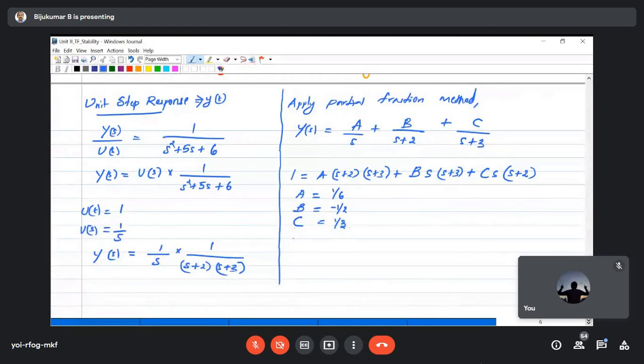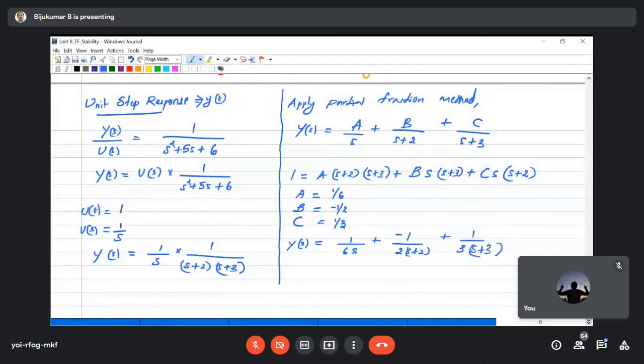So after getting the residues, we can write Y(s) = (1/6)/s + (-1/2)/(s + 2) + (1/3)/(s + 3).